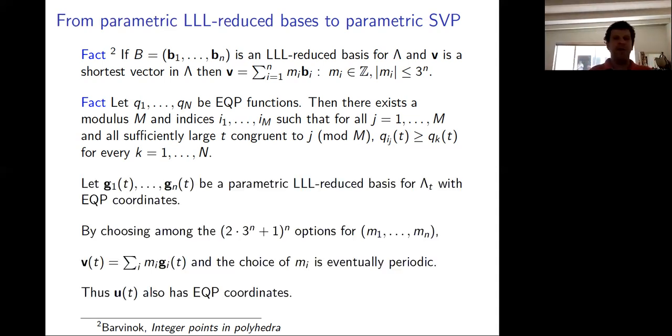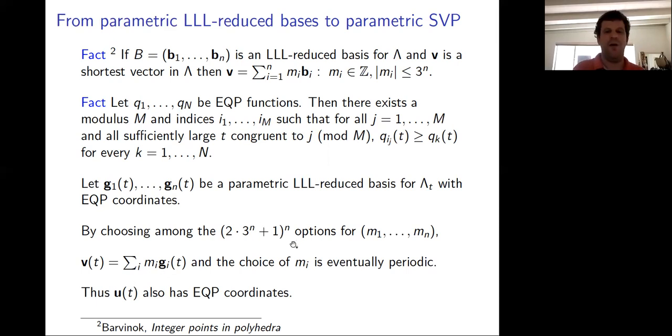So now, combining these two things, suppose I have a parametric LLL reduced basis for my parametric lattice with EQP coordinates. So from the first fact, the shortest vector only has so many options. So each coordinate is some number between -3 to the n and 3 to the n.